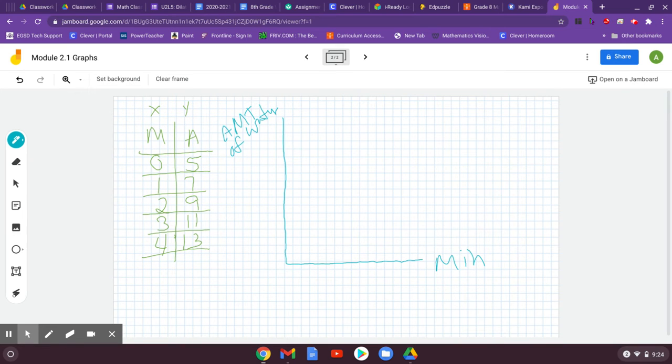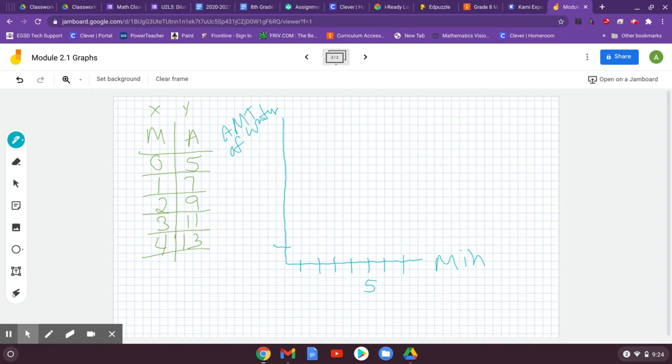And so I'll do what I did last time. 3, 4, 5. So I don't actually have to label every single one of them, but as long as I label some of them in there so that I can see, oh, I'm counting by ones, then that's okay.